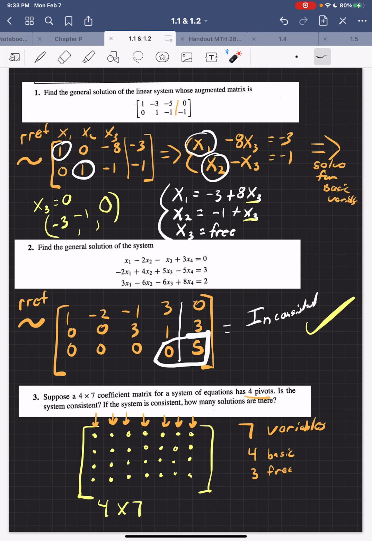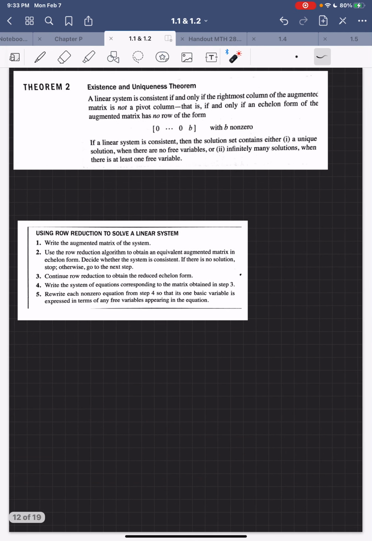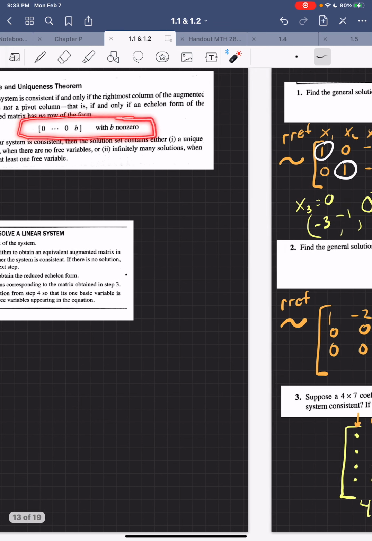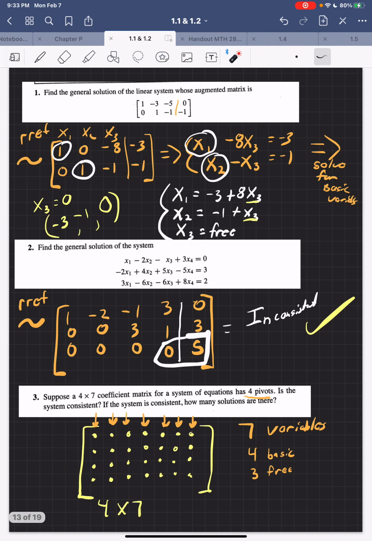If that's the case, you will never run into the scenario where the system is inconsistent. So the answer to, is the system consistent? The answer is yes. 4 pivots, 4 rows.